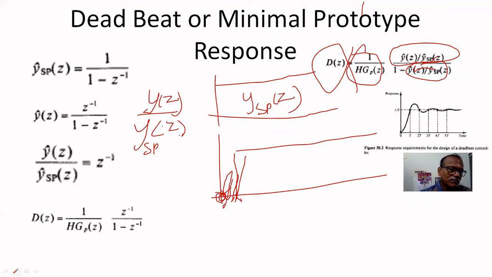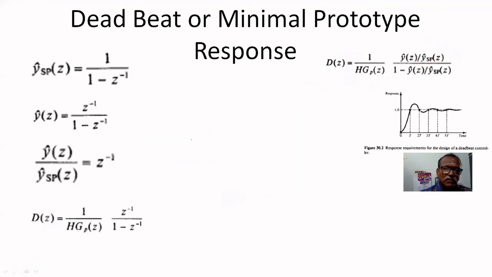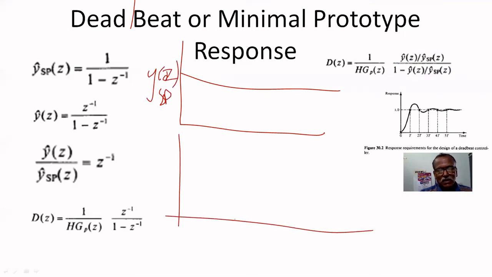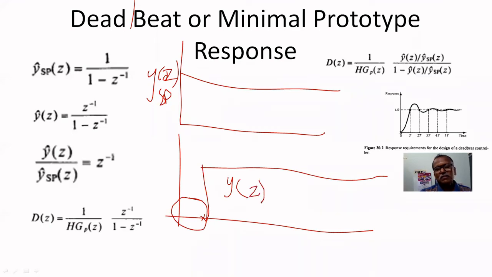That is also a step response. If Y set point of z is given, then the response is like this, after a delay of one sampling period, we are getting Y of z like this.